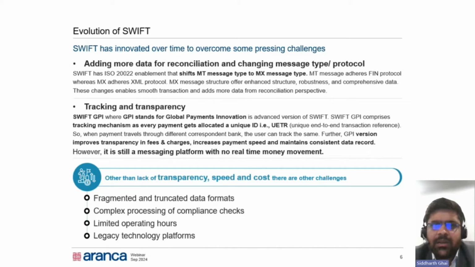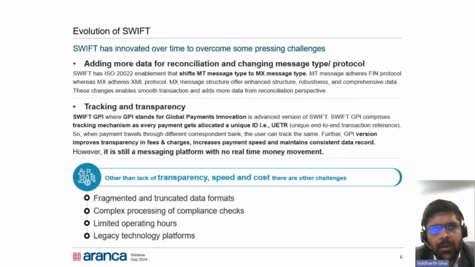However, it is still a messaging platform. So no real-time money movement happens in Swift. And other than transparency, speed, and cost, there are other challenges within Swift: fragmented and truncated data formats, limited operating hours, legacy technology platforms, and complex processing of compliance checks.